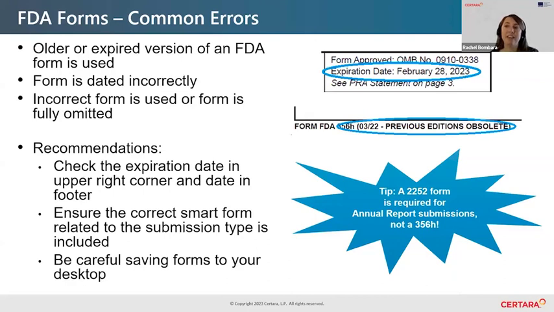But also check that the correct form is being used for the submission type. So some of us may have been used to submitting, say, a 356h for annual reports, marketing applications, but now there's a new 2252 form that's included. So make sure you're checking regularly for any updates like that. Make sure the right form, the most up-to-date, is included.